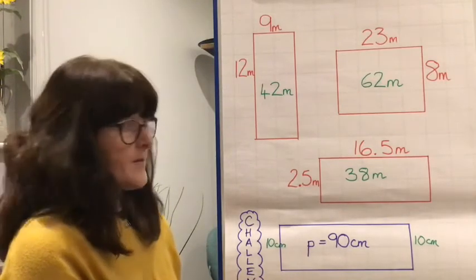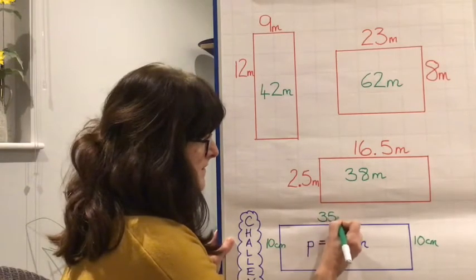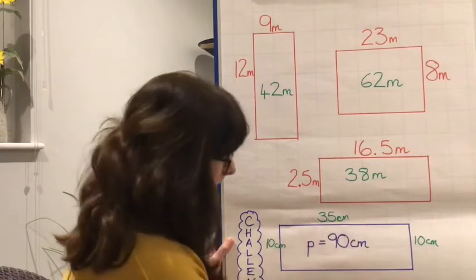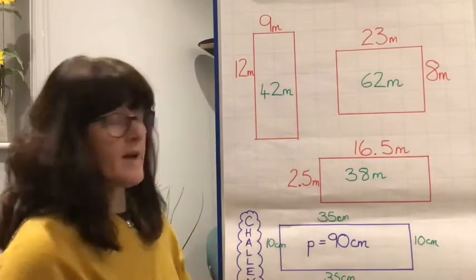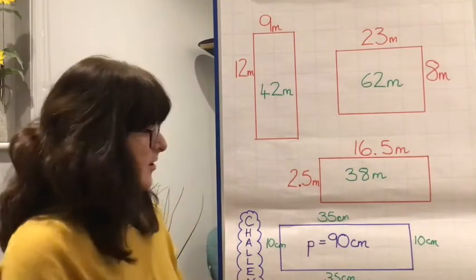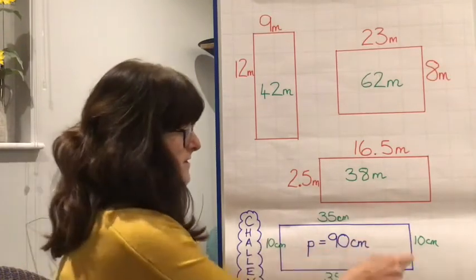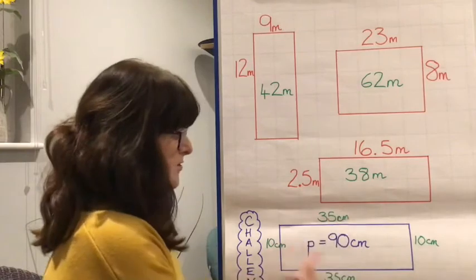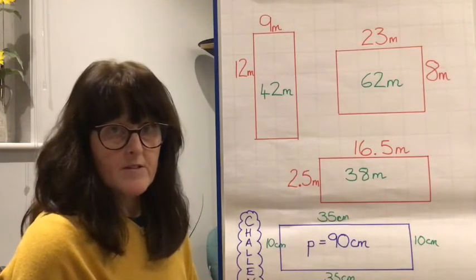So I know that 70 divided by 2 is 35 centimetres and 35 centimetres. You might have a different answer, but as long as these two sides are the same length and these two sides are the same length, and these four measurements add up to 90, then it is a potential answer for this problem.